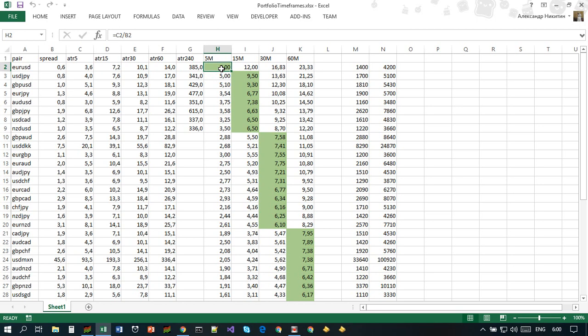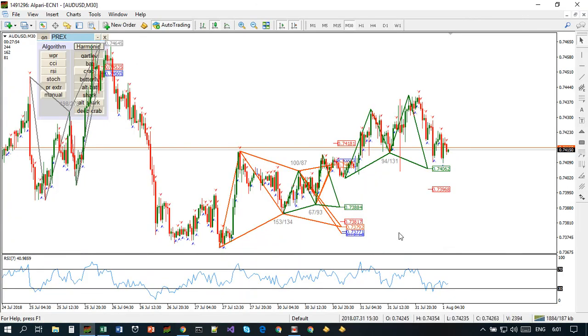So if I find something on euro-dollar and then something on, let's say, Aussie dollar, I just don't analyze further, so as not to waste my time, because I already have two trades running and I have to wait until something closes and then I go further. Okay, this is it. Let us analyze them.